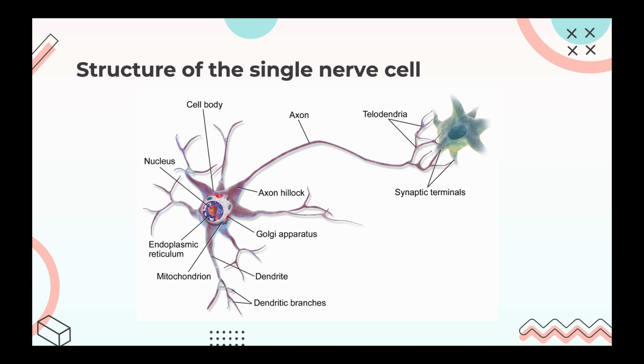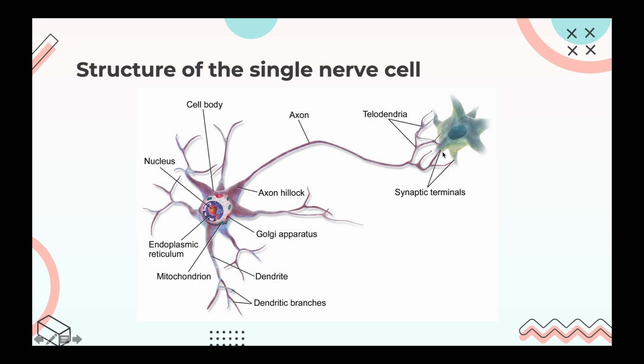And so this cell body is connected to, on the one hand, dendrites, and on the other hand, an axon. The dendrites are the regions at which a neuron receives signals from other neurons, and axons are the paths through which the neuron actually sends its signals to other cells.